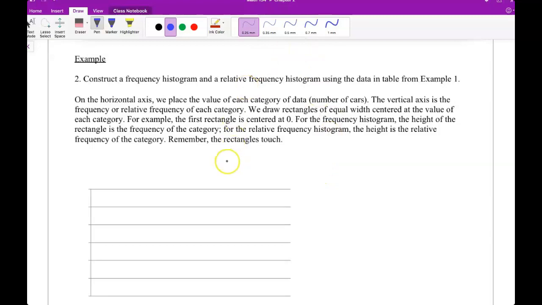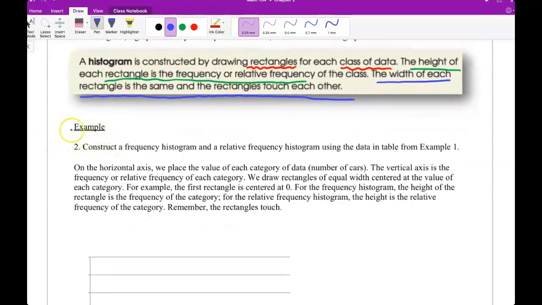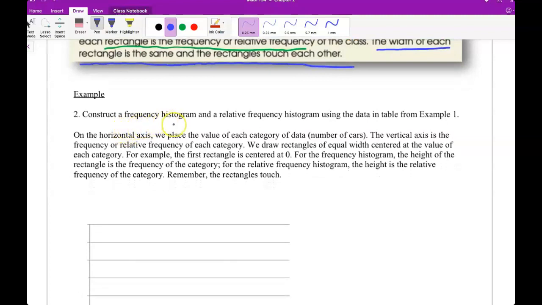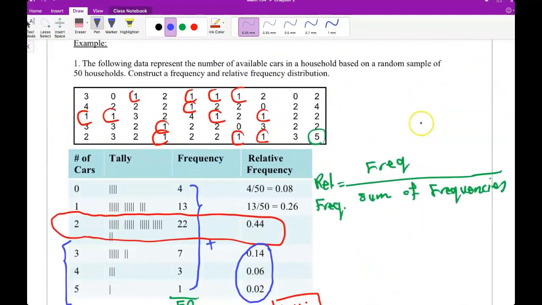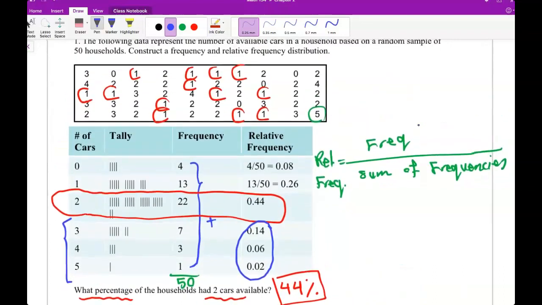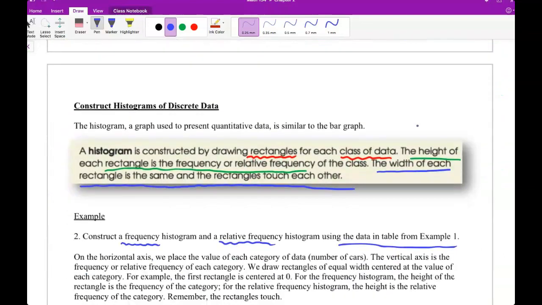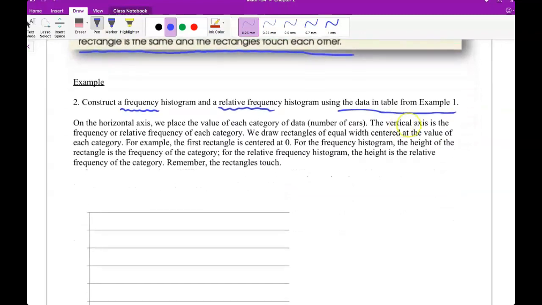So based on what we have here on top, let's work on this part. Example number 2, construct the frequency histogram and the relative frequency histogram. So we have these two. First frequency, and the other one should be based on relative frequency. And that is based on the data in the table from example number 1. So based on these data, we're going to construct a histogram based on frequency and relative frequency.